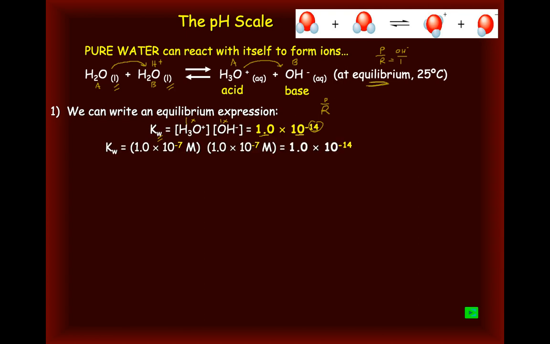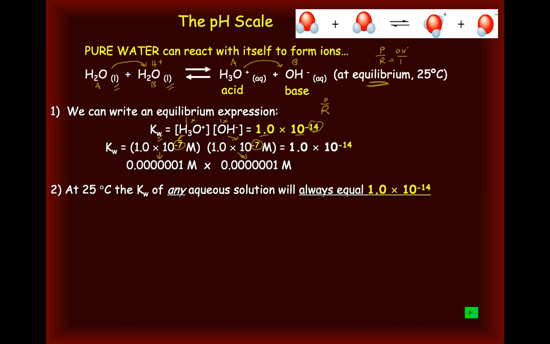If we take the square root of this, then we realize that the amount of acid is 1 times 10 to the minus 7th molarity, moles per liter, and so is the base, because when you do exponents, you add them, and you get the 14. This is interesting, because 1 times 10 to the minus 7 is a very small number. So this would be the amount of acid and the amount of base at neutral.